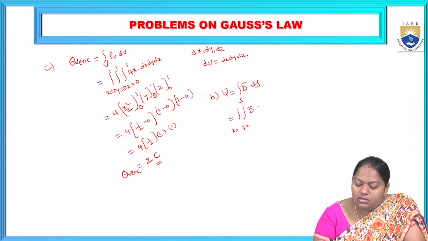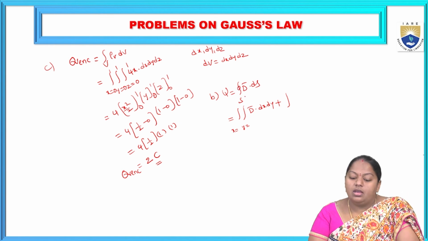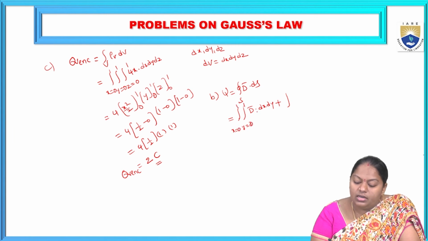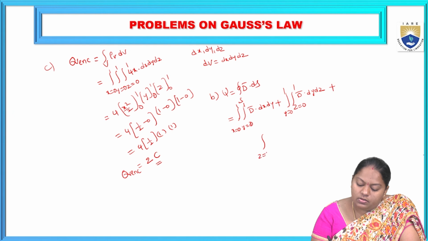First we evaluate with respect to the xy plane, x from 0 to 1 and y from 0 to 1, D dot dx dy, plus the integral with y from 0 to 1 and z from 0 to 1, D dot dy dz, because the yz plane we have considered here, plus the integral with z from 0 to 1 and x from 0 to 1, D dot dx dz.